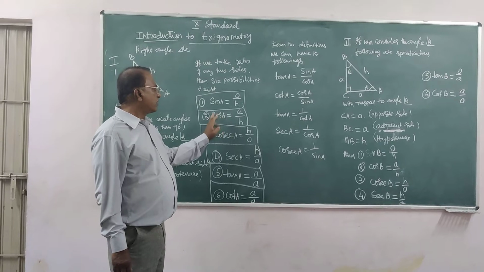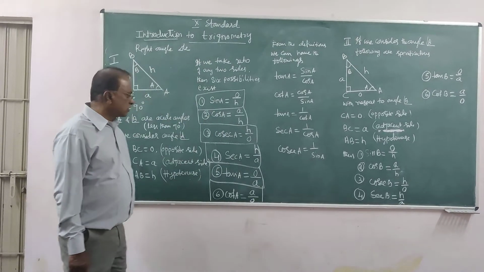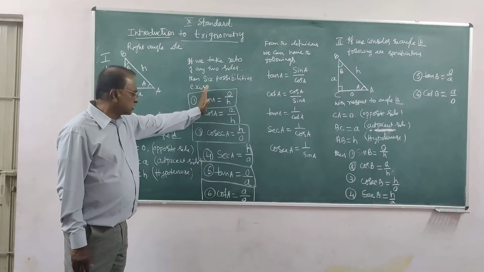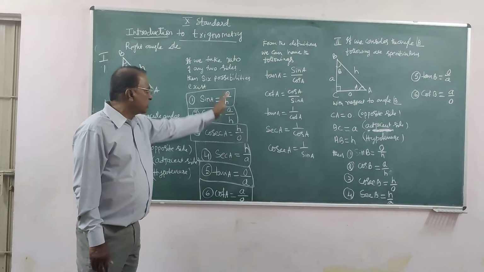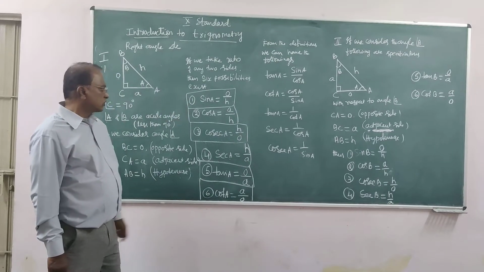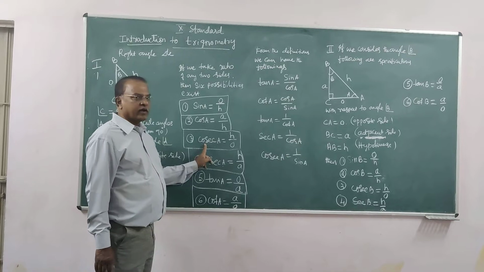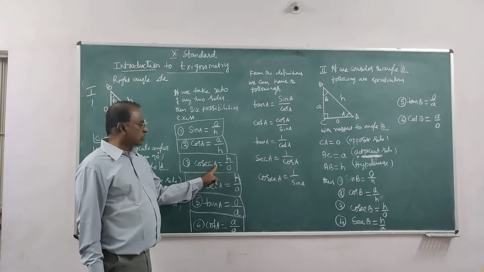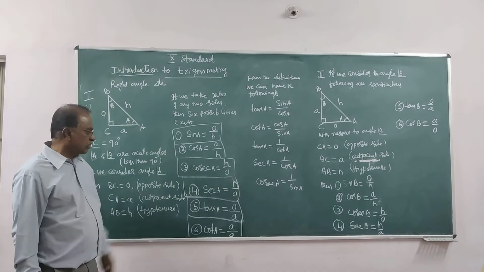Here we have trigonometric ratios. There are 6 possible trigonometric ratios, called the corresponding ratios. This ratio is called cosecant of angle A. I am talking with respect to angle A only.